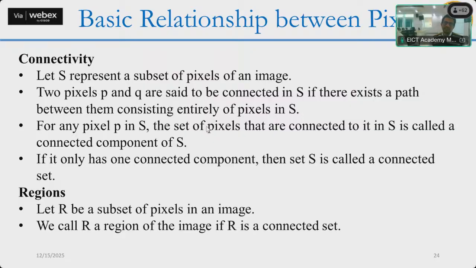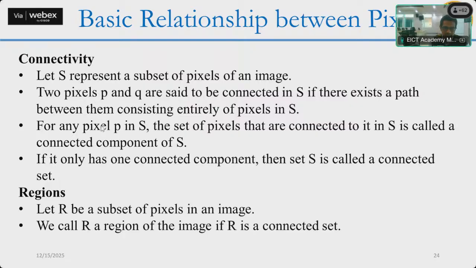Now coming to connectivity, let S represent a subset of pixels of an image. Now from the pixel, we have moved to a group. 2 pixels P and Q are said to be connected in S if there exists a path between them consisting entirely of pixels in S. Again, we will see it by the diagram.